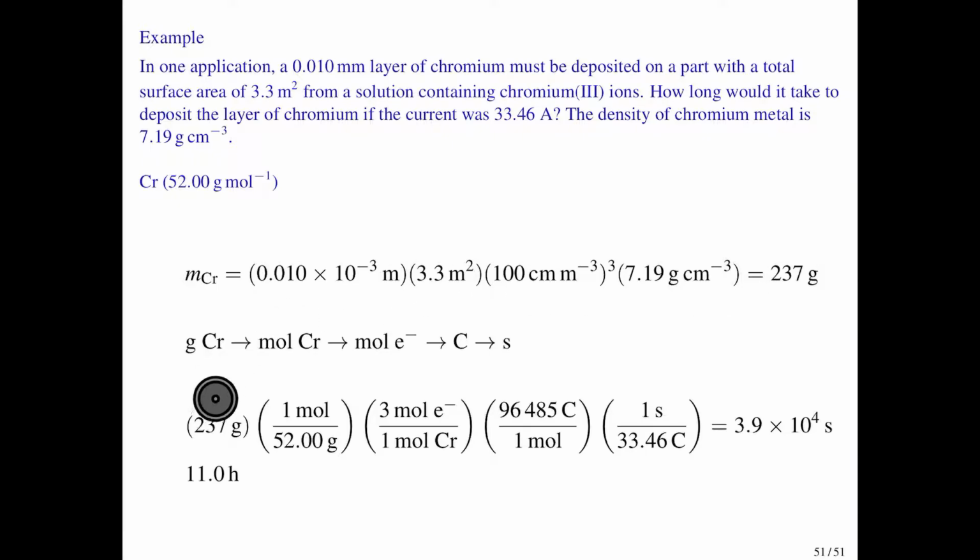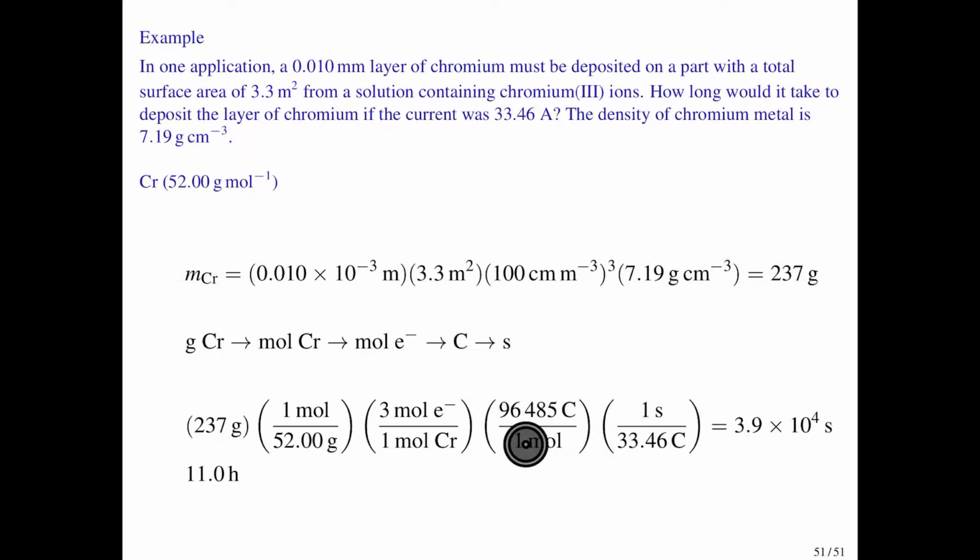Then you take the grams of chromium and divide by the molar mass of chromium to get the moles of chromium. I didn't include it, but you're going from chromium 3 to chromium 0, so there are 3 moles of electrons involved in that half reaction, so it's a 3 to 1 ratio. Then we use the Faraday constant to convert from moles of electrons to coulombs.